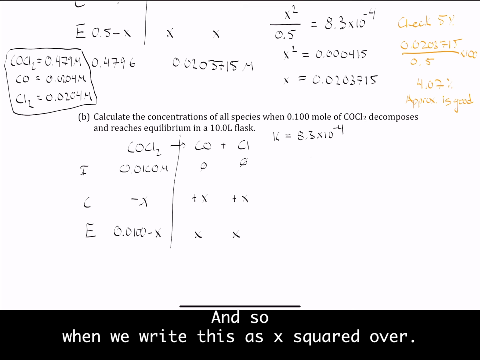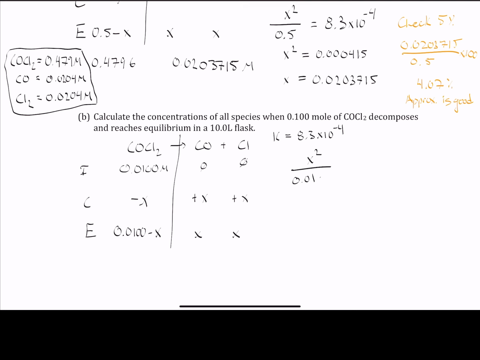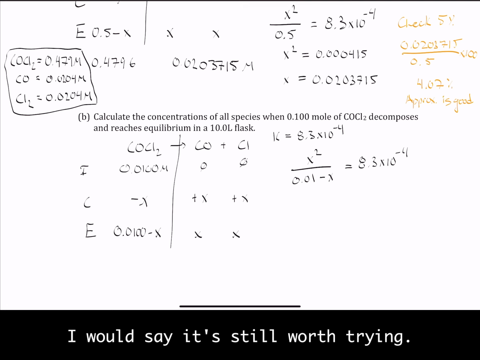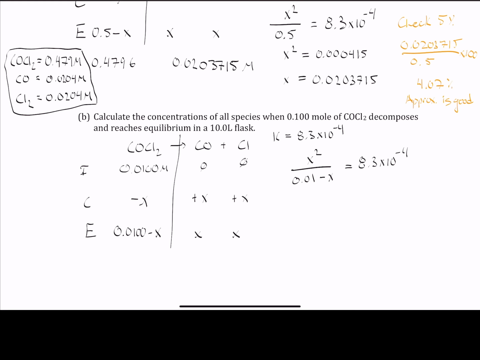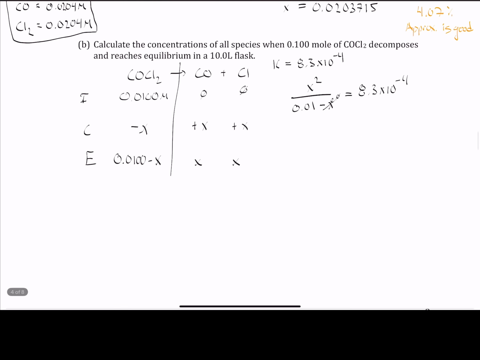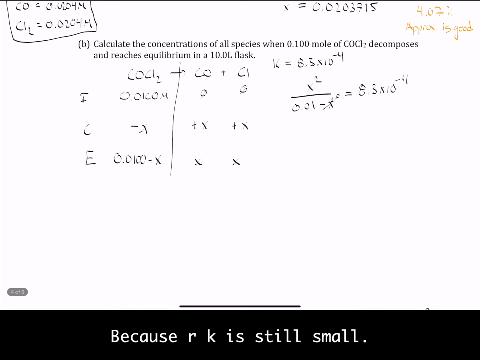And so when we write this as x squared over... I would say it's still worth trying the small x approximation, because our k is still small.